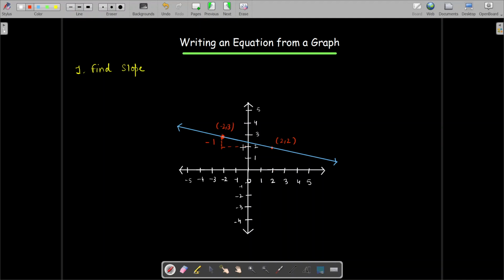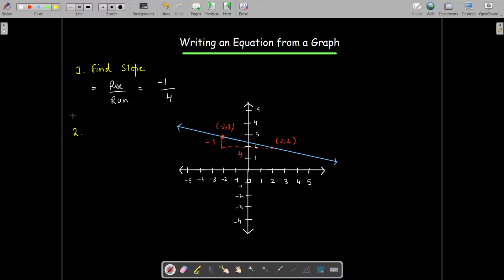So I'm moving 4 units in the right direction. So that's the horizontal change. So we do rise over run. So the slope is rise over run. Rise is -1 units and run is 4 units. So that's the slope.